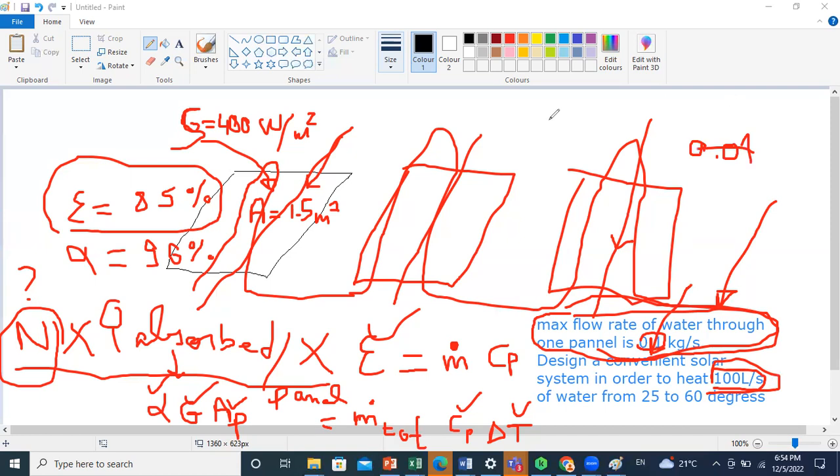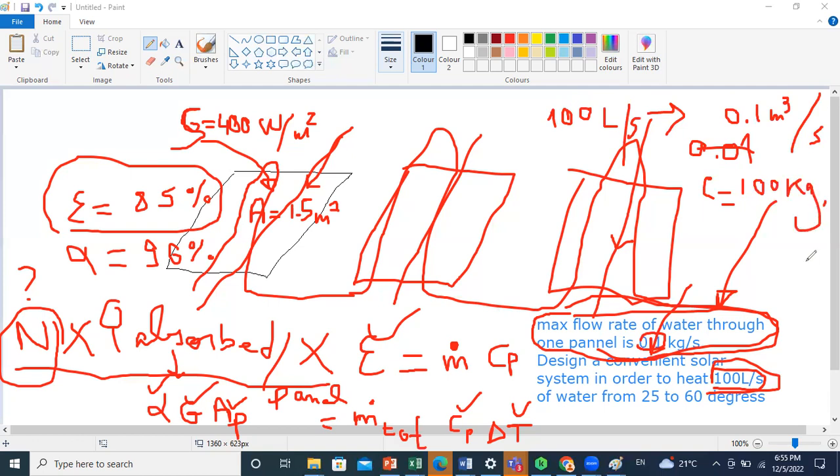Okay, 100 liters per second will correspond to 0.1 meter cube per second. And since we know that for water, the density rho of water is 1000 kilogram per meter cube.